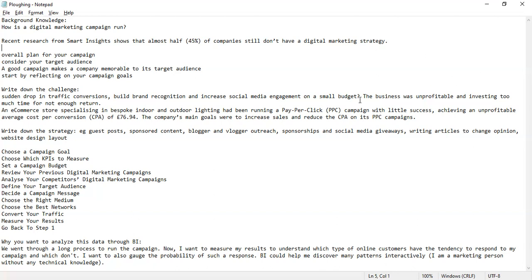So you have to develop an overall plan for your campaign. You have to consider your target audience. A good campaign makes a company memorable to its target audience. And start by reflecting on your campaign goals. So if you do not have a campaign goal, then what's the use of running a campaign?